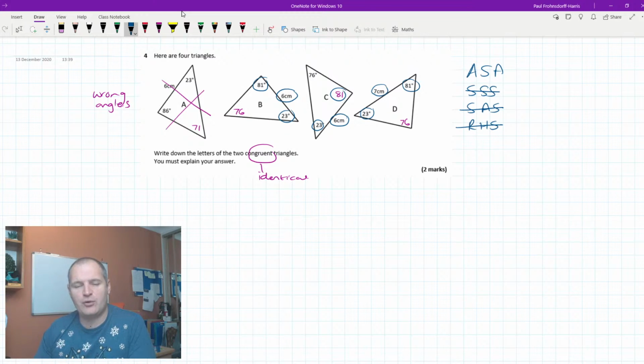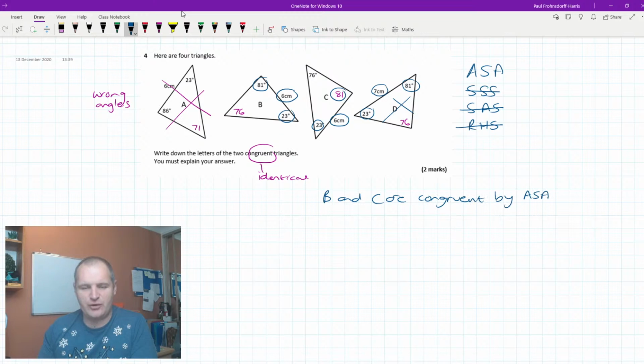And you'll notice, therefore, we can eliminate D and say that B and C are congruent, but we have to say how. By ASA. And you'll notice I've got circles and things to demonstrate why we got rid of A and D. Okay? Stating your reasoning is important. Moving on.